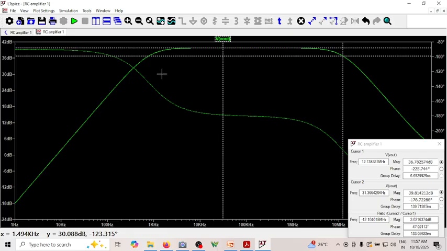Correct? Of course, why this reduces on either side is a different analysis, for which we should know the filter response of the circuits, which is a bit out of scope of this particular course. The detailed one is there in other videos. You can have a look at it.